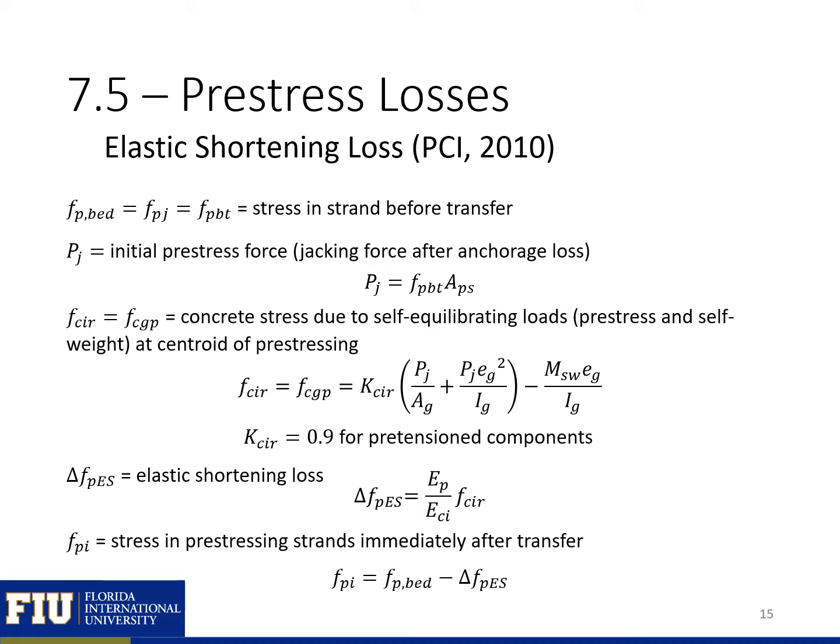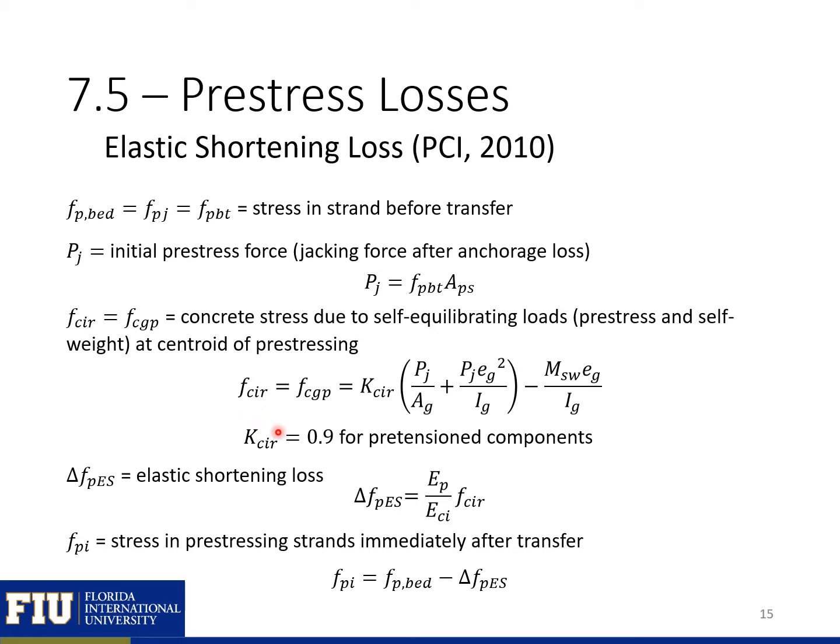Shown here are the equations for how to calculate the elastic shortening loss. The first thing we'll need to do is figure out the force in the pre-stressing before transfer, before release, and we apply that force to our section and calculate the stress at the centroid of our pre-stressing strands. This stress is going to drive our elastic shortening loss, or the shortening of our concrete section.